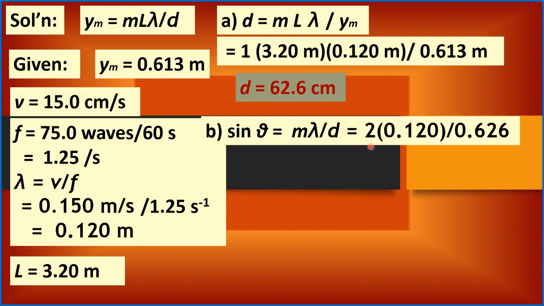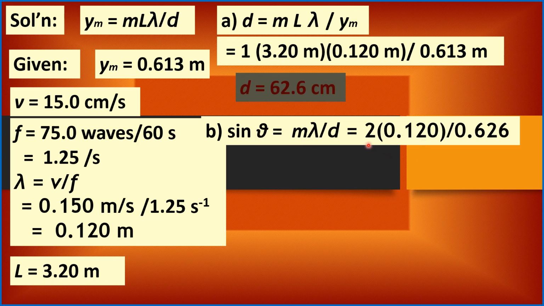Let m be positive 2, that's one possibility. Then next would be let m equal positive 3, and then let m be equal to positive 4. So those are the different cases that we're going to consider.